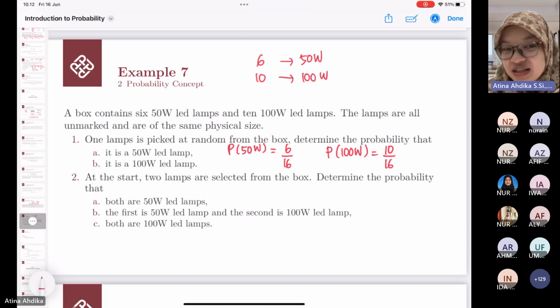If the question is what is the probability that both are 50-watt lamps, we have to keep in mind that if both are 50-watt LED lamps, the first selection will be a 50-watt LED lamp, and then accompanied by the second process, which is also a 50-watt LED lamp.